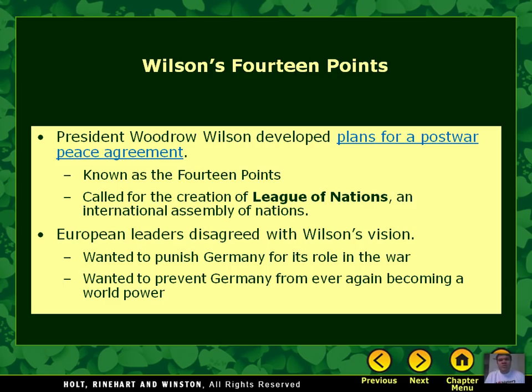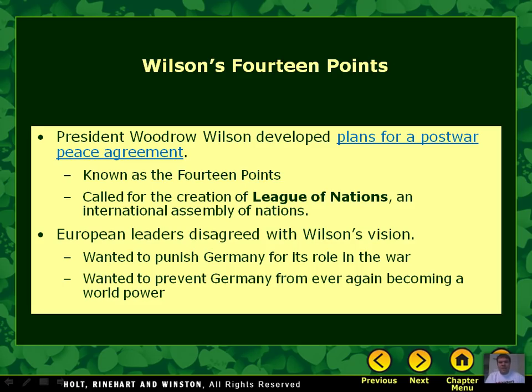And President Wilson comes out of World War I as being a major leader in the world. And he starts to develop plans for a peace agreement after the war. And his plan was known as the 14 points.